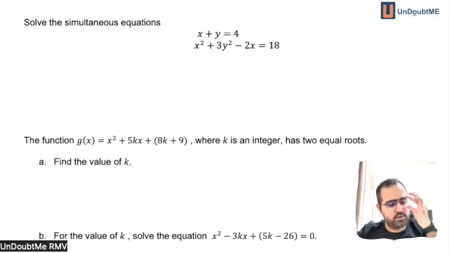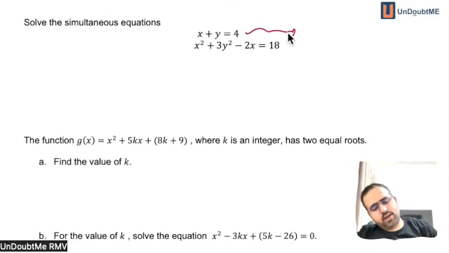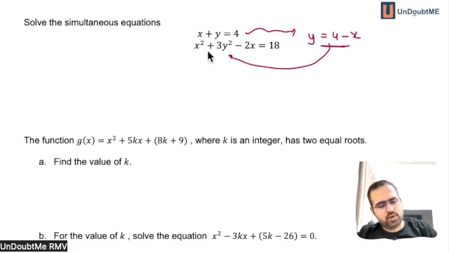Okay, correct. I will write this as y is equal to 4 minus x. Then I can put the value of y over here. Okay, both of you just give it a try. Be quick. You'll get a quadratic from there and you need to solve that quadratic. I want to see the working.